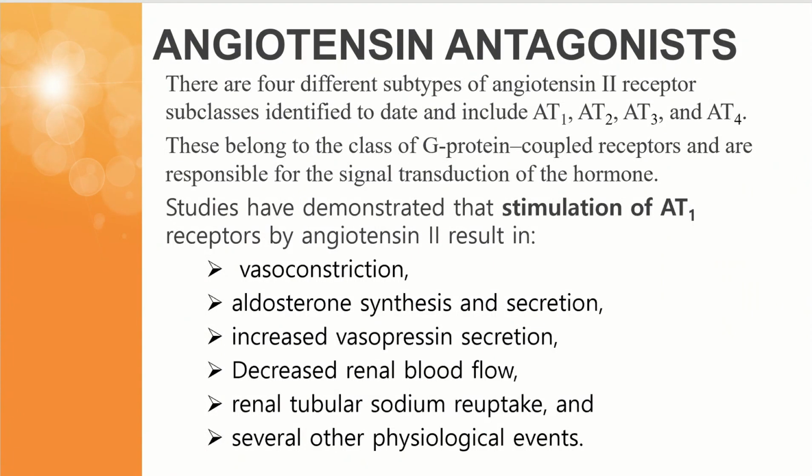Studies have demonstrated that stimulation of AT1 receptors by angiotensin 2 results in 1. Vasoconstriction, 2. Aldosterone synthesis and secretion, 3. Increased vasopressin secretion, 4. Decreased renal blood flow, 5. Renal tubular sodium reuptake, and several other physiological events.